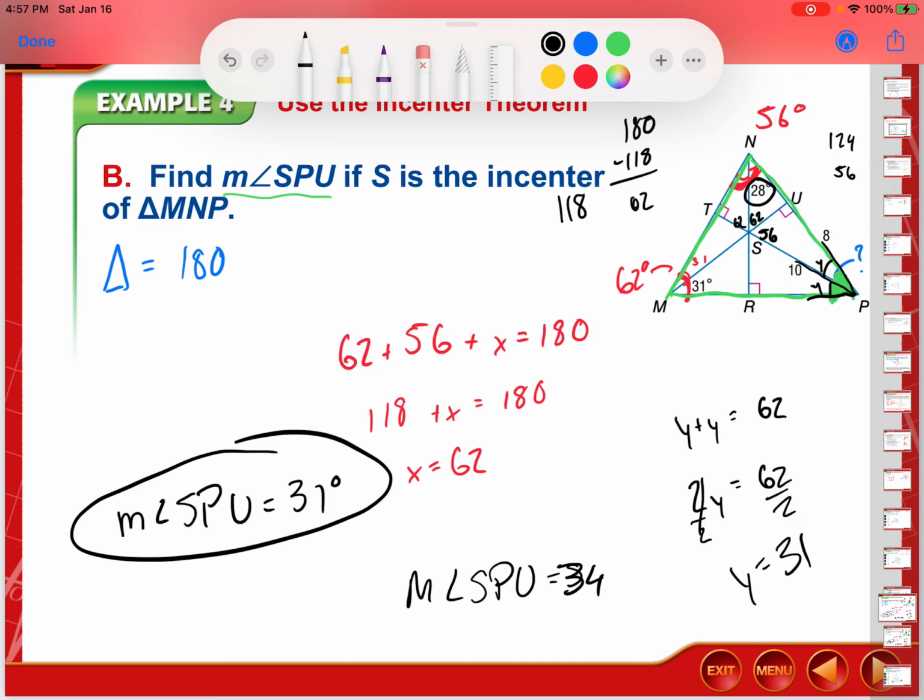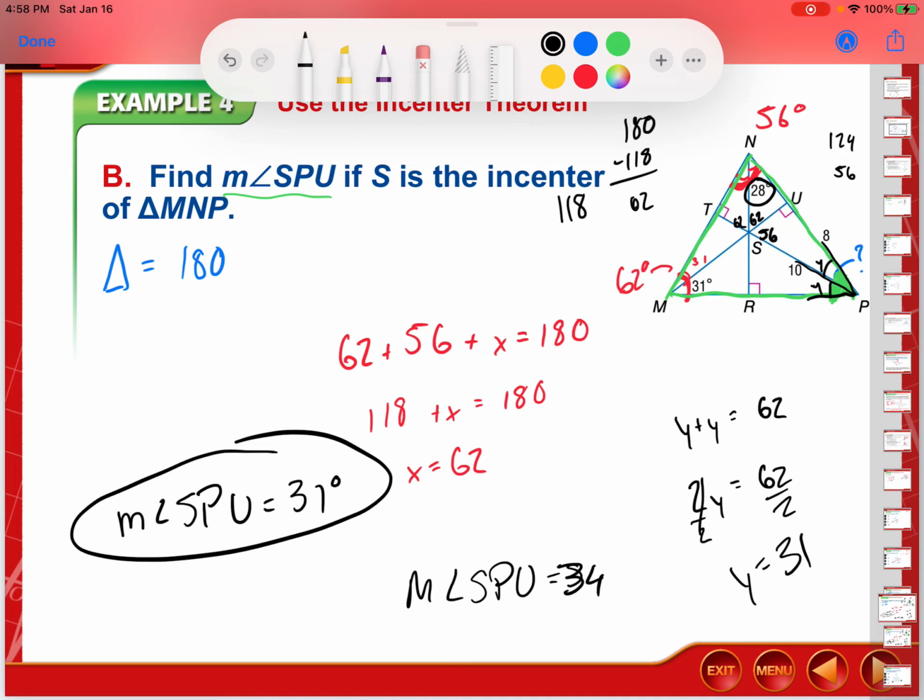Oh, I'm absolutely brain busted. This is ridiculous. Because that would be 90. 90 plus 56, which would make that angle 34.